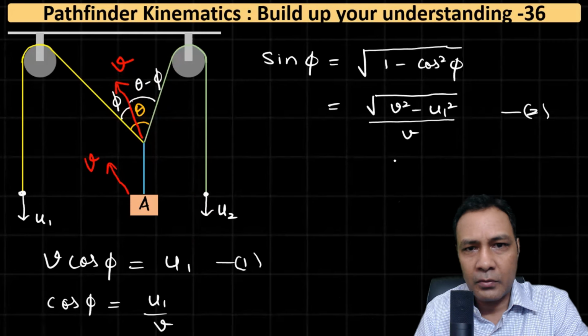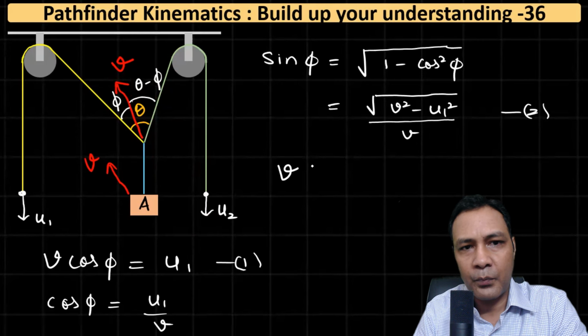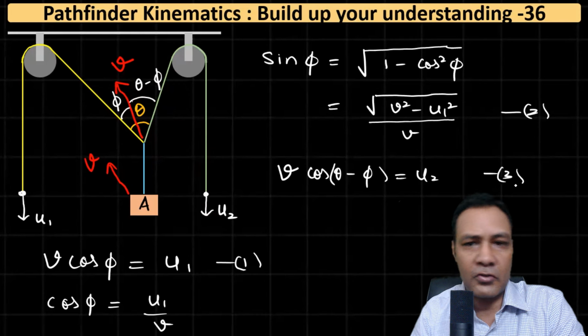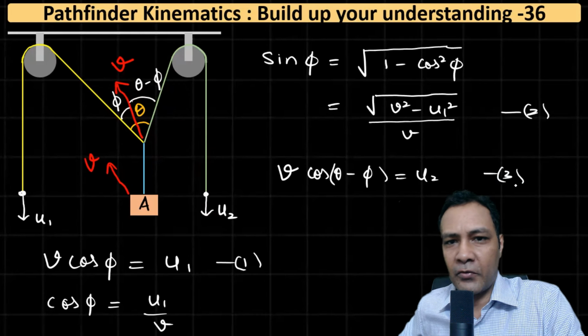So another equation would be v cos(theta minus phi) is equal to u2. That is my third equation. These are sufficient tools; I just have to eliminate phi.